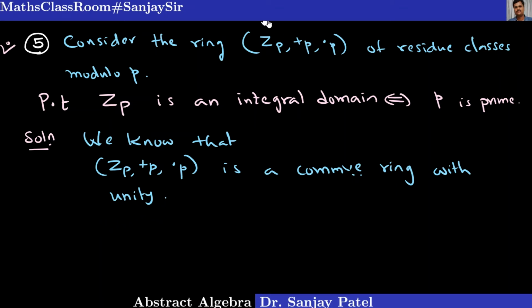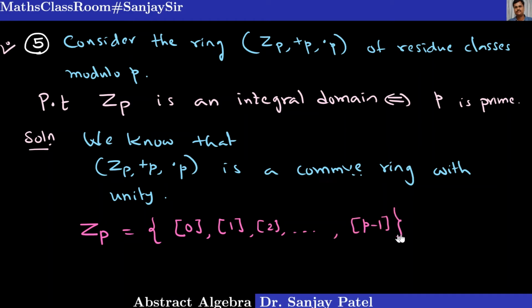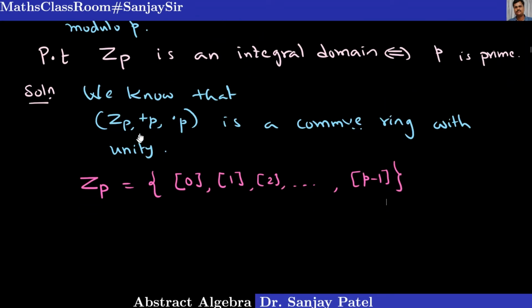And what is Z_p? Elements of the ring Z_p, you know very well that Z_p is nothing but the set of all residue classes modulo p, and it has exactly p elements. So class 0, class 1, class 2, and I can write up to class p minus 1. So these are the elements of this ring.